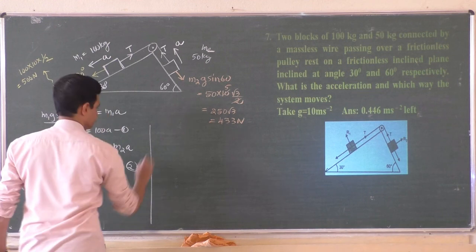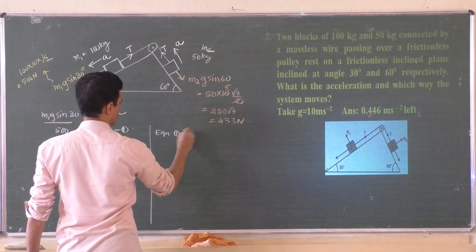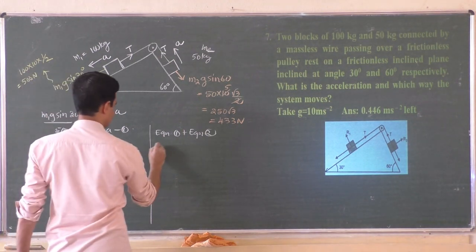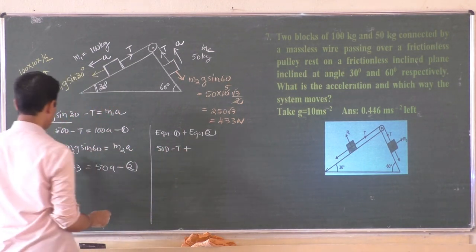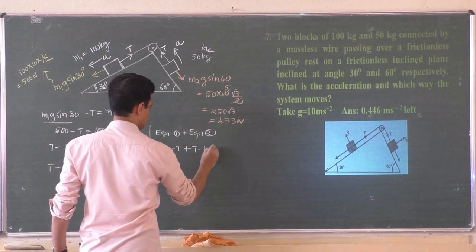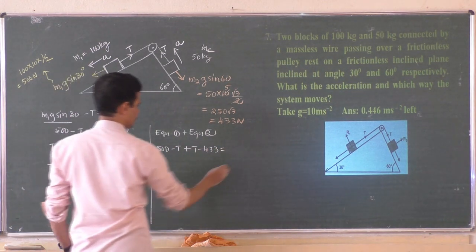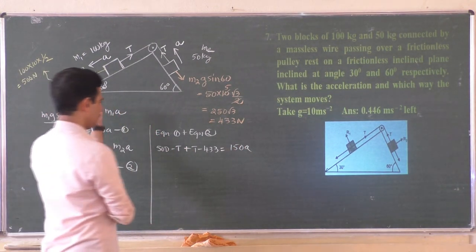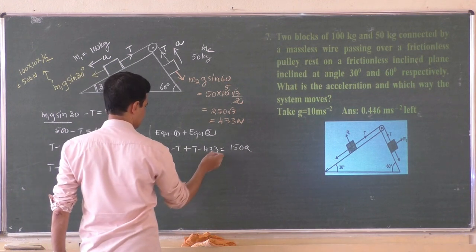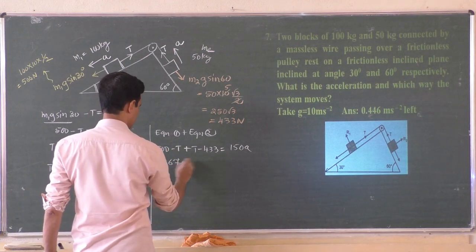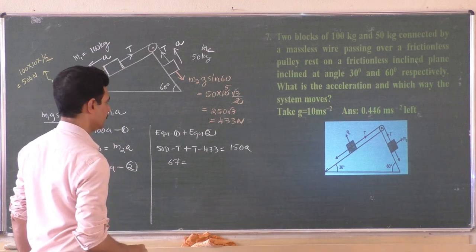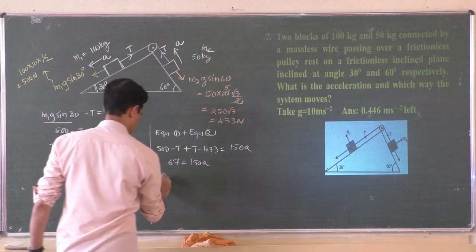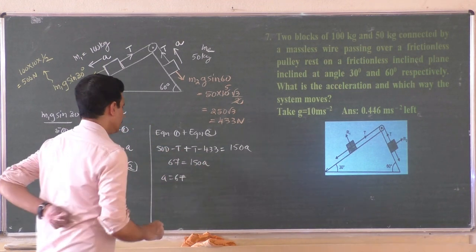Equation 1 plus equation 2, what does that give? 500 minus T plus T minus 433 is equal to 150a, 100a plus 50a. 500 minus 433, this is 67, right? 67 is equal to 150a.